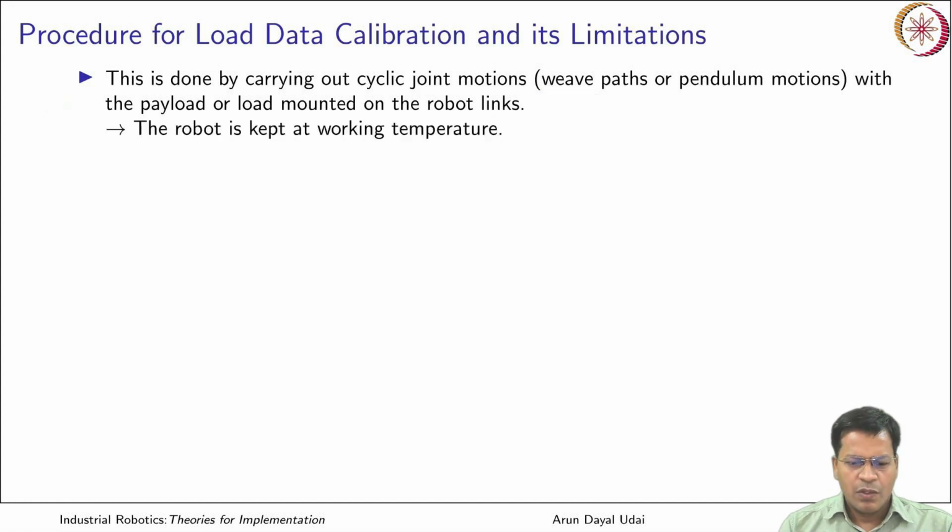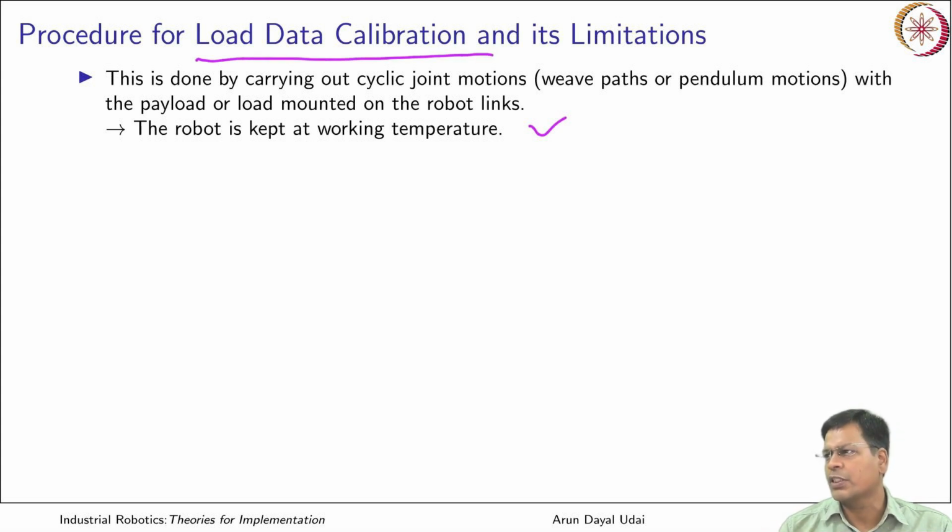Okay, the robot is kept at working temperature while carrying out the load data calibration. Robot should be at its working temperature only. You know that also affects the torque, because the viscosity, the damping at the joint may change, your density of the object changes.